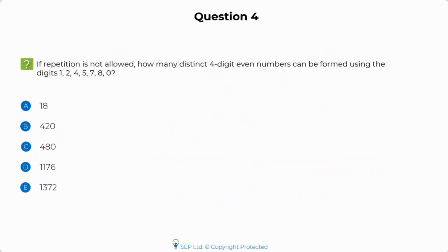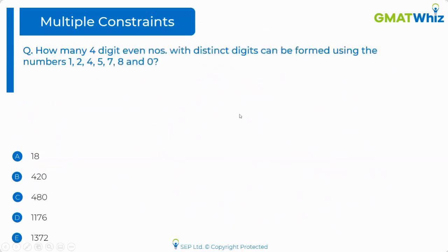So can you tell me what constraint am I talking about? What are the two constraints that is causing a problem here? Anyone?